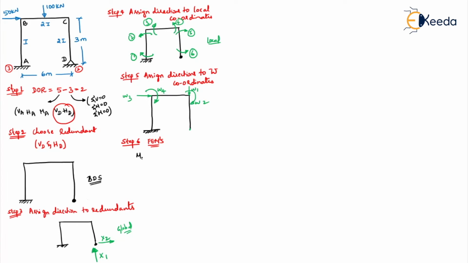So your MAB will be equal to MBA will be equal to 0. Then for span CD also, MCD, MDC will be equal to 0 because there is no load. So only for BC we need to do, right? So your MBC will be equal to MCB. That will be equal to what?